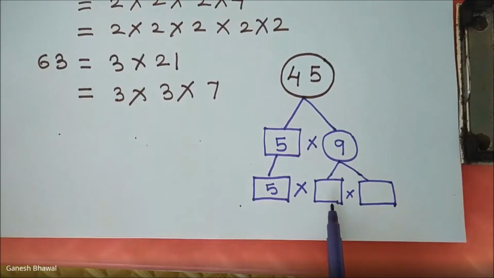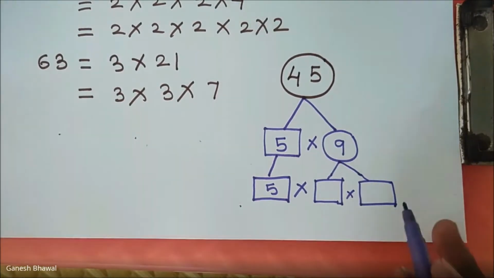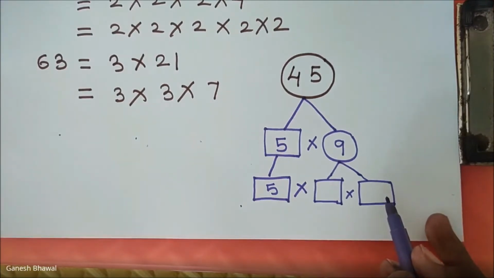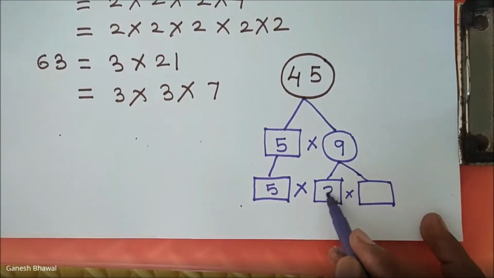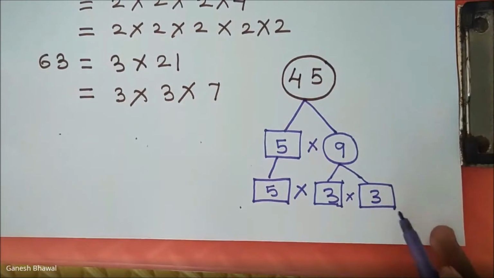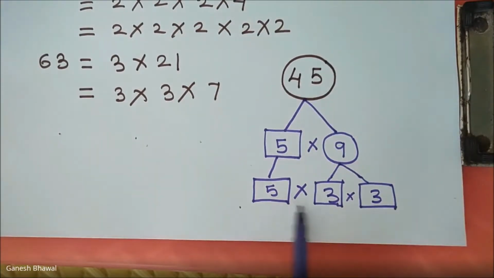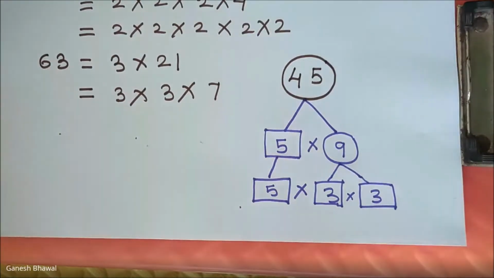Now tell me what numbers will come. Type it in the chat box. Correct. 3 and 3, or 3 into 3. If we are writing it in a box, it means further factorization is not possible.